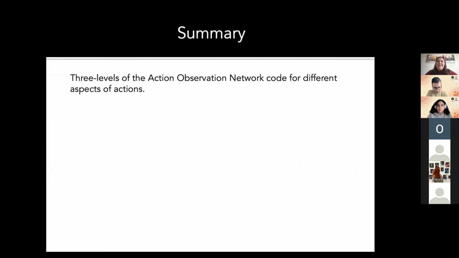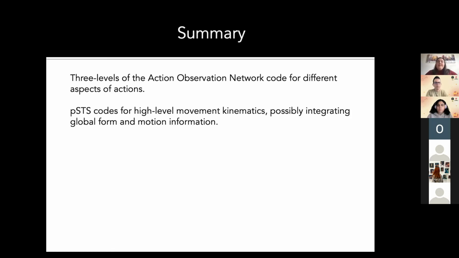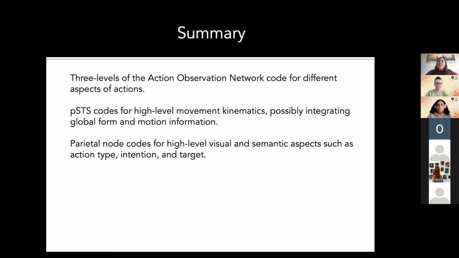So in summary, we can say that the three levels of the action observation network code for different aspects of actions. It seems that posterior STS codes for high-level movement kinematics, possibly integrating global form and motion information. Parietal node codes for high-level visual and semantic aspects such as action type, intention, and target.